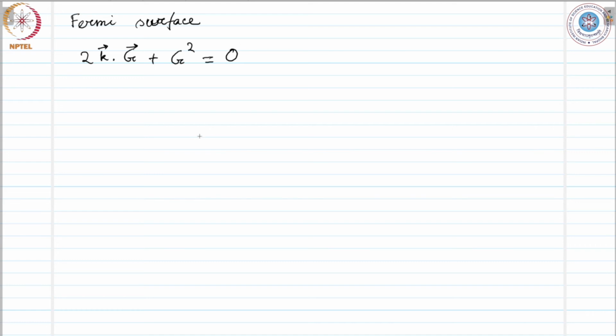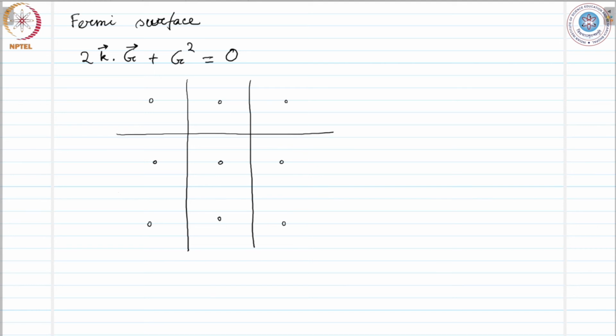So if we have reciprocal lattice points somewhat like this, then these are the bisector planes. This becomes the first Brillouin zone.